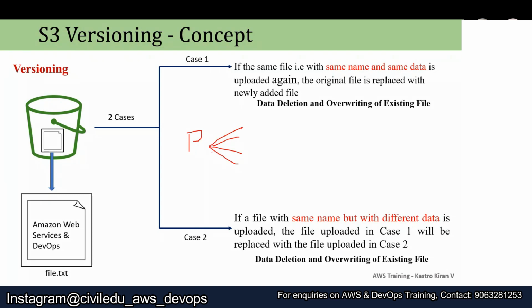Now, when you are working on a project, there are multiple people working. Let me call them person 1, person 2, person 3, and person 4. All these 4 persons are connected to the same S3 bucket. Why are they connected to the same S3 bucket? Because they are working on a common project. That means whatever data is related to the project is available in one S3 bucket.